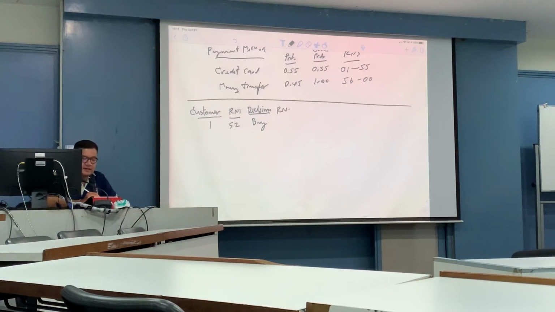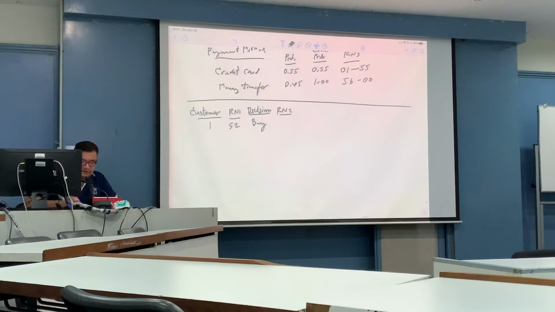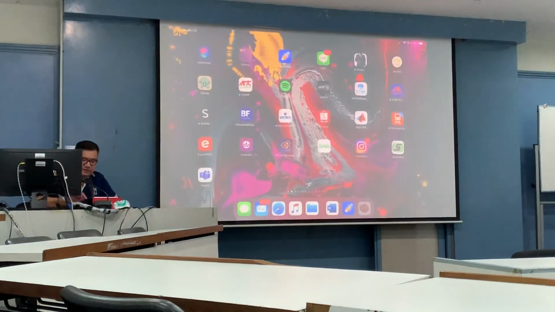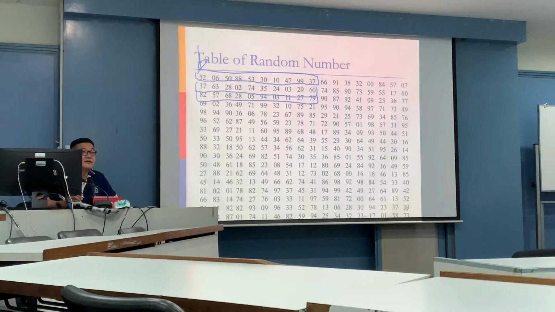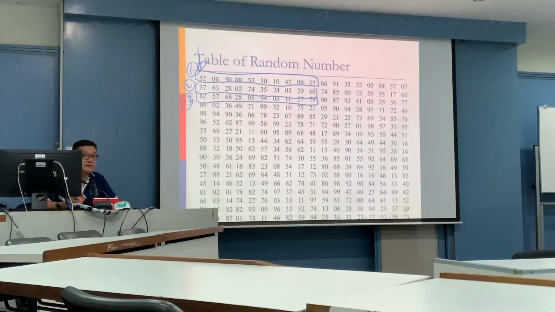Which package? Rn2. The second number that I'm going to use, I'll show you here: this is the first one, the second one I'm going to use this, and the third one I'm going to use this. The first row is for the first variable, customer decision. The second row is for the package tour. And the third row is for payment method.